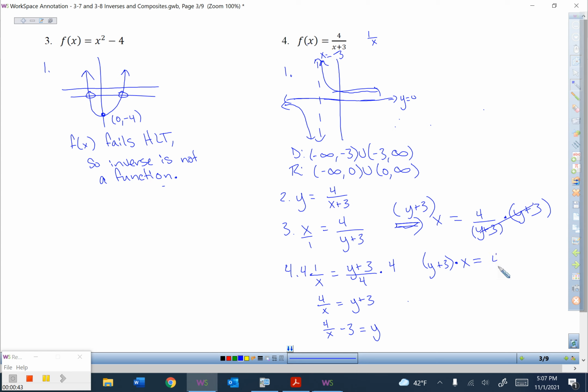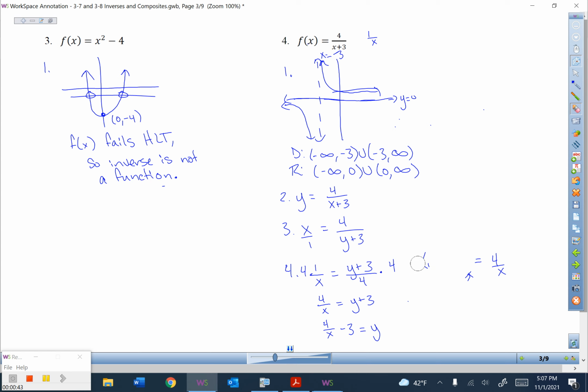We would want to leave it as this, and then because that's times, we could divide it over. If we reciprocate both sides, we get that taken care of without the extra step. So when you have fractions and your variable is in the denominator of the fraction, you can flip both sides and it's valid.